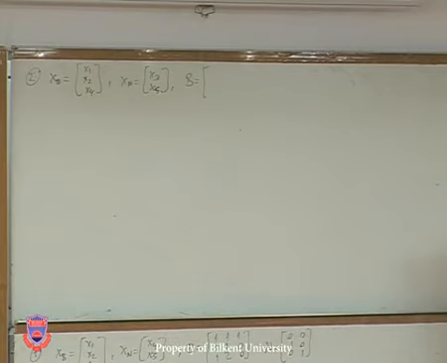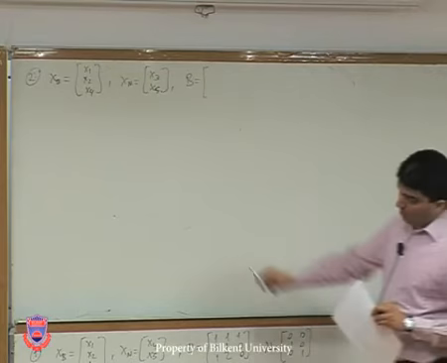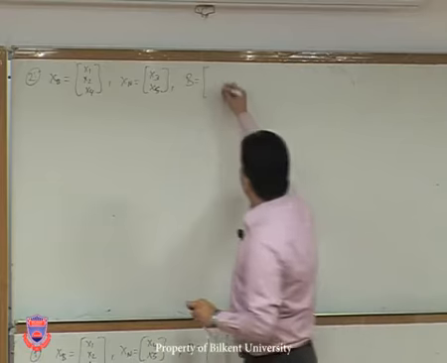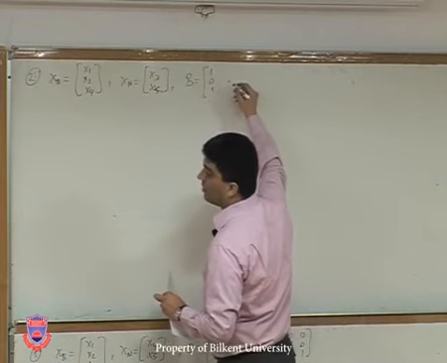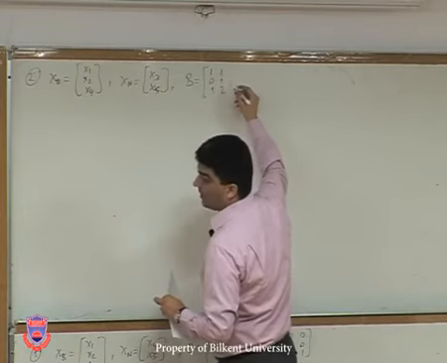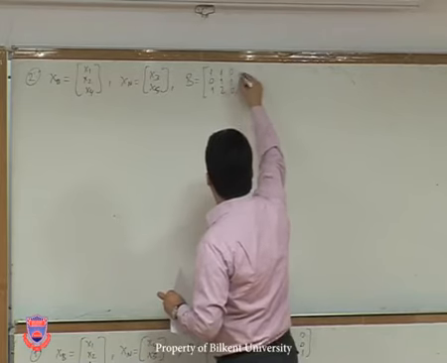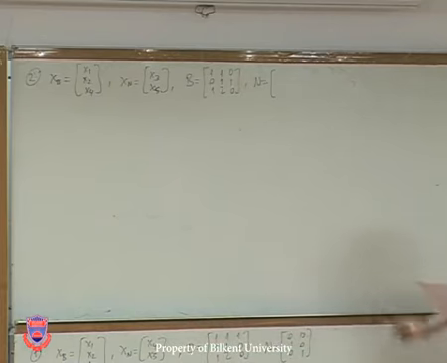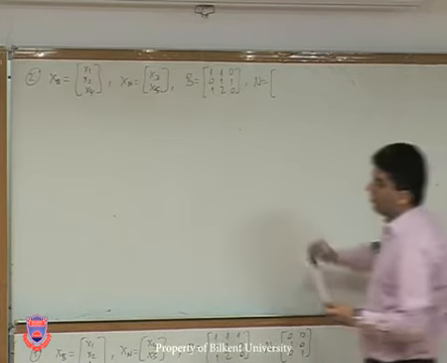My basic variables are x1, x2, and x4, so I'm going to pick the first, second, and fourth columns of A. Let's do that. I have 1, 0, 1, 1, 1, 2, and then 0, 1, 0. What is my N matrix? The third and the fifth columns, which are 1, 0, 0, and 0, 0, 1.